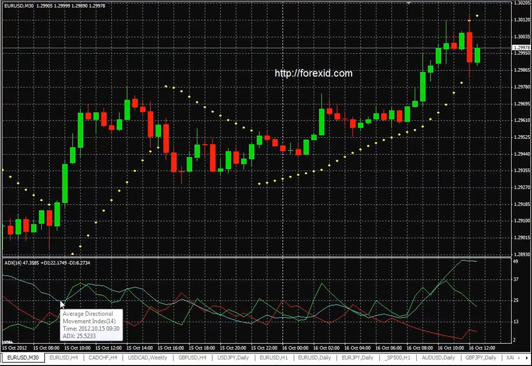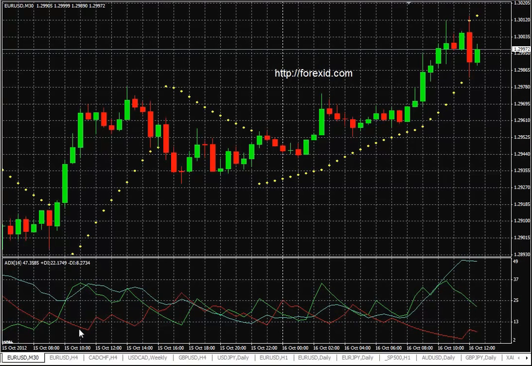It sits on the 25 line. Fine. I can enter. I enter long, and normally I would exit when the DI plus creates an angle here, and I will be sure that I should exit. The confirmation for my exit is when the DI minus creates an opposite angle too.